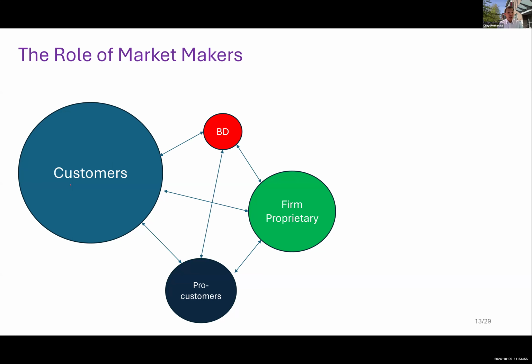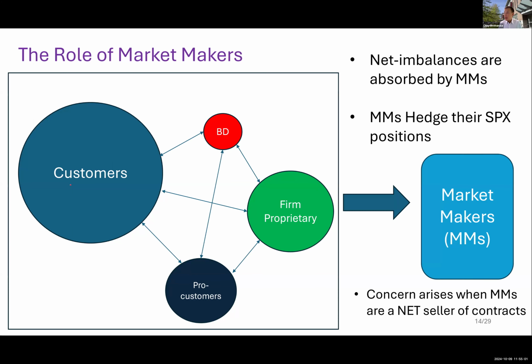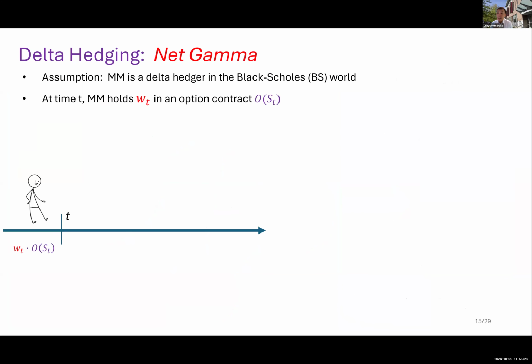All these investor groups trade together and are intermediated by the market makers. But importantly, because these derivatives are zero-sum contracts, any imbalance in this market has to be absorbed by the market maker. So the market maker has to absorb whatever is left over. And the concern most of the time is when the market makers are the net seller of these contracts, when their position could exacerbate volatility. So let's look at our net gamma measure, our measure of market maker hedging needs.